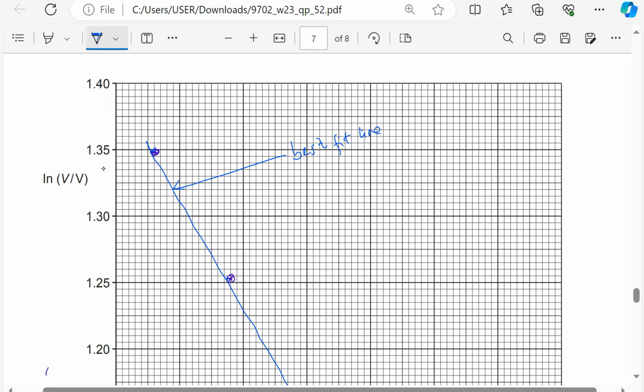So 1, 2.5. So it is going to be approximately here. This is a half, 1, 2. This is going to be approximately here. Because it is in the middle of the box, so I know it is 2.5. So that's why I'm just moving slightly beyond the line.